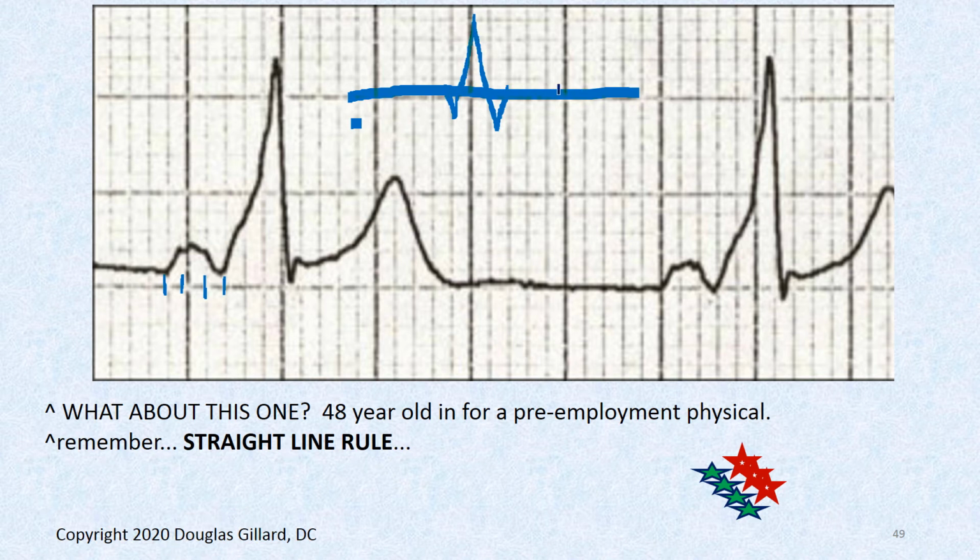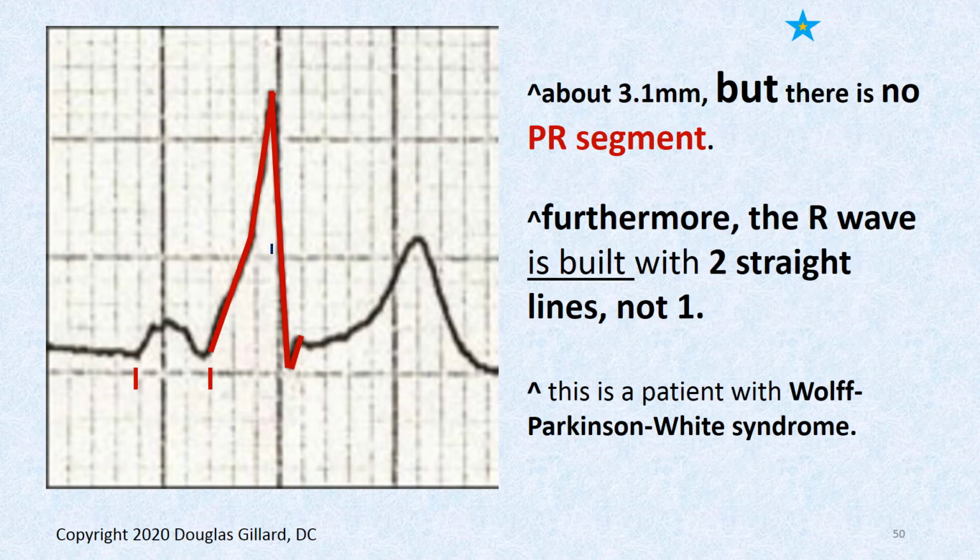That wasn't a very good Q wave. And you can see we don't have a straight line here. In fact, we have a little hump right there, and then it goes up. So that's built with 2 lines. That's another way. And when we talk about the QRS width, this is way too wide. So this is a patient with Wolff-Parkinson-White syndrome.